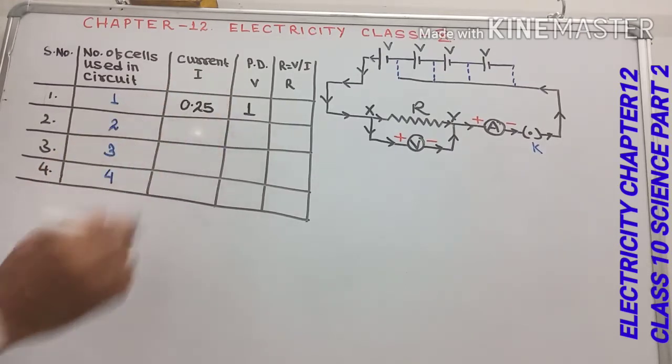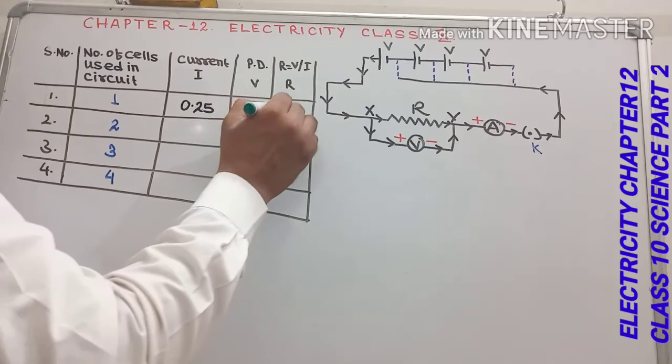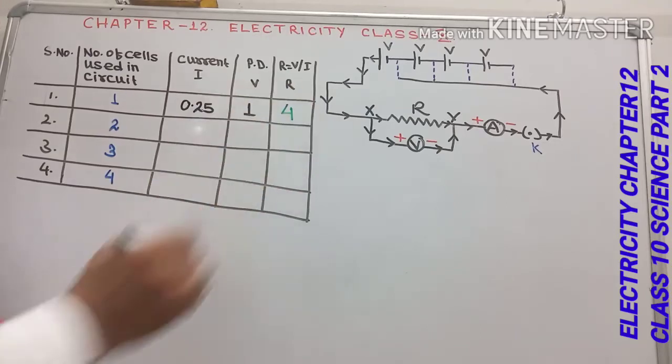Then the resistance will be V upon I, that means 1 upon 0.25, and the value will come out to be 4 ohms.